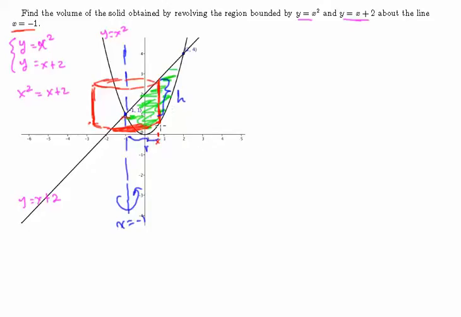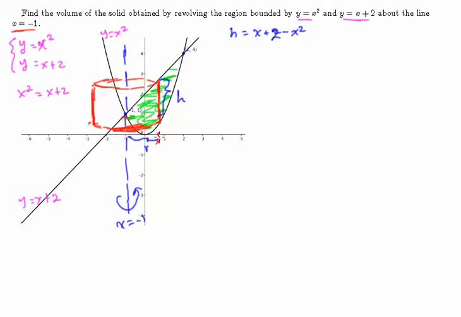Okay, the height at x, h, is x plus 2 minus x squared. The reason is the distance from the x-axis to the tip of the segment is x plus 2, at a given x, because that line is y equals x plus 2.